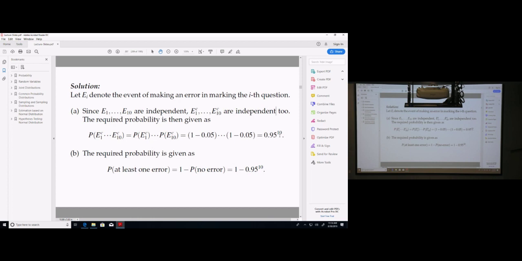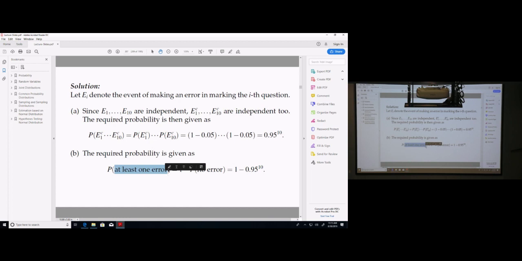All right. The required probability is given as: at least one error is the complement. Now, why is this? If you are calculating this probability directly, that can be difficult, because at least one error means you should break it down into exactly one error, exactly two errors, exactly three errors, and so on.